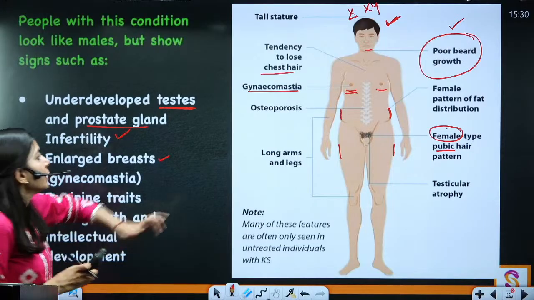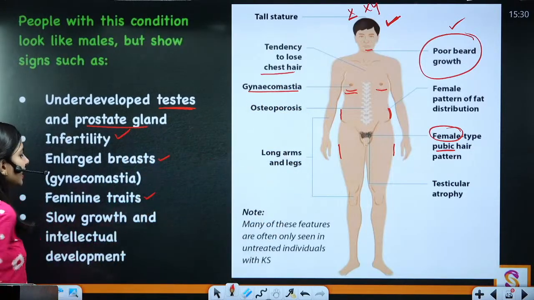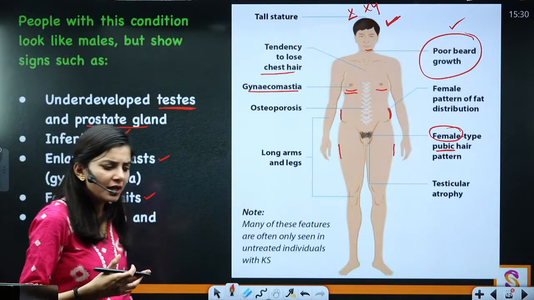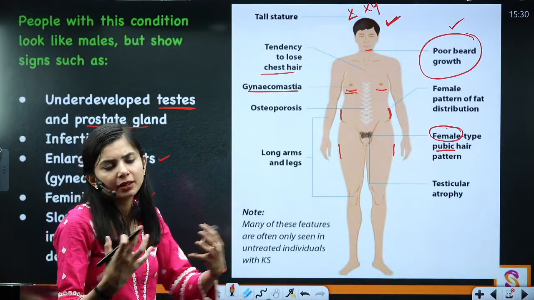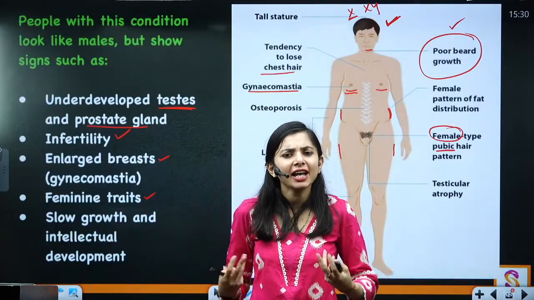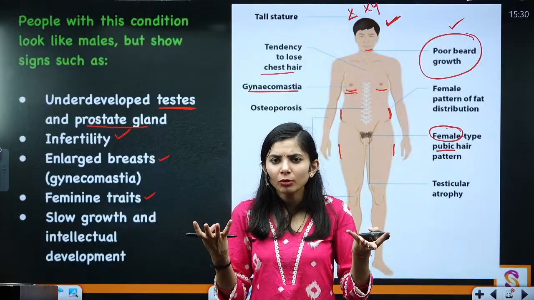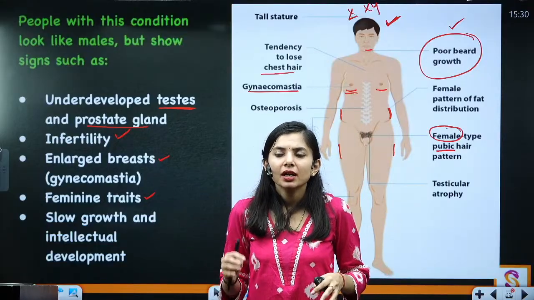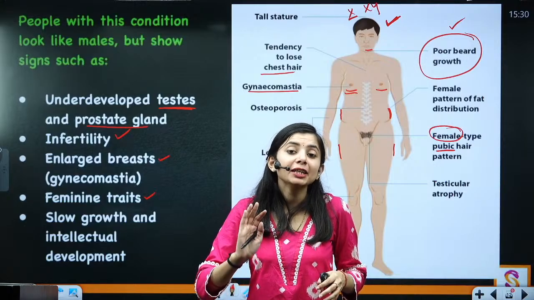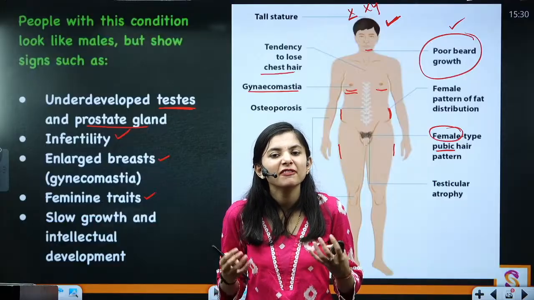So again, gynecomastia. They have feminine traits. Usually, this is one thing that I can tell you: even I, as a female, have a habit of using hand movement and facial expression so much. That's something inbuilt. But if you notice any male doing the same, that seems to be feminine. Why?